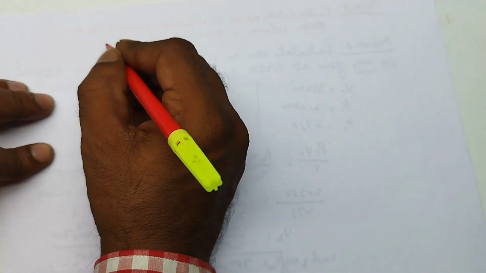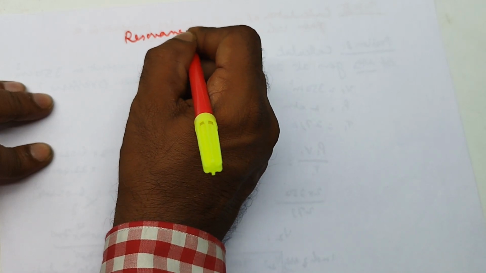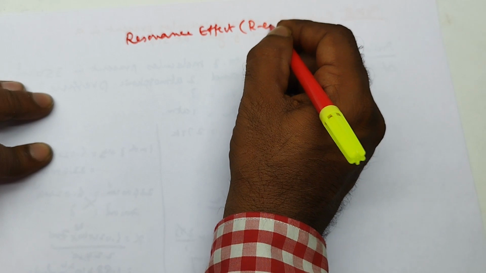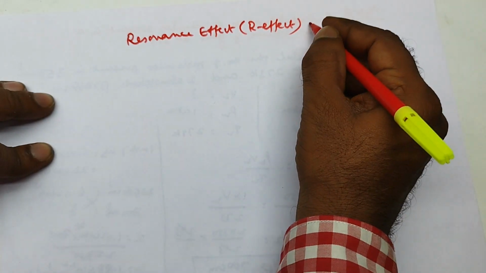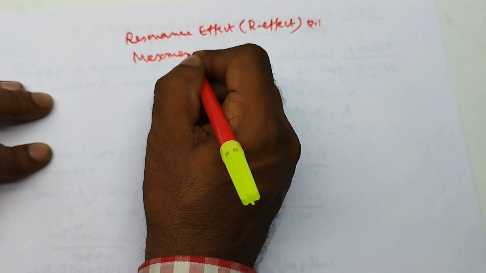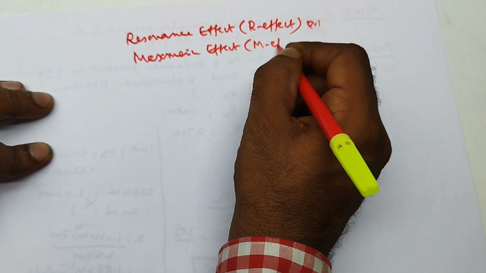Now we will explain the resonance effect. You can say R effect or mesomeric effect, M effect.